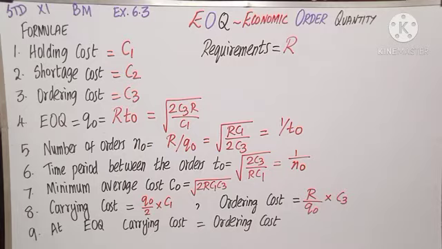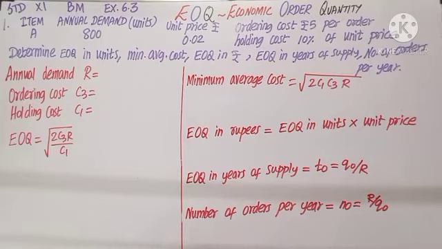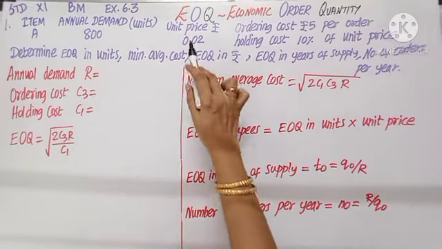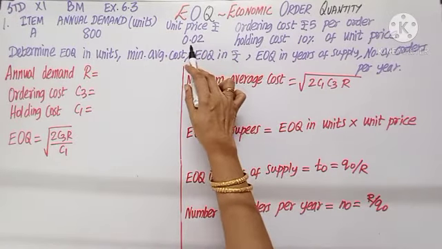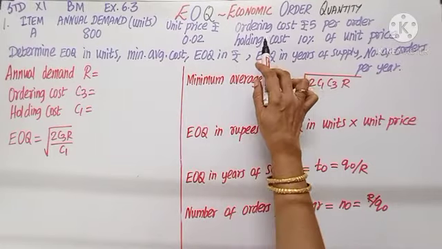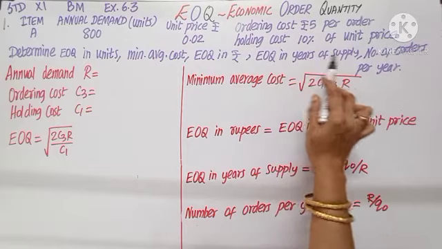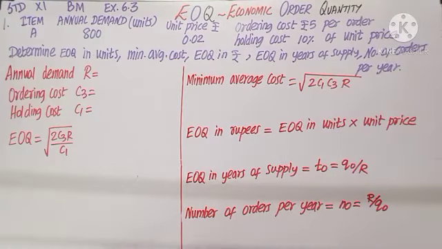Let us proceed to the exercise problems. Exercise 6.3, question number 1. Given some item, annual demand 800 units, unit price in rupees 0.02. Ordering cost rupees 5 per order, holding cost 10% of unit price.